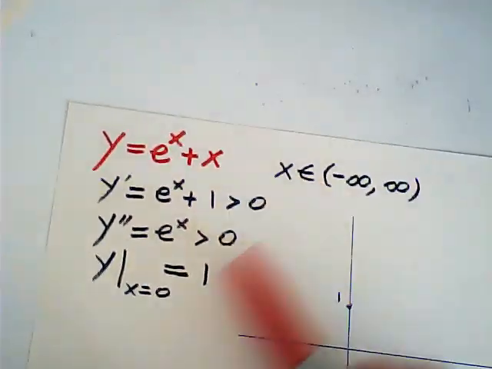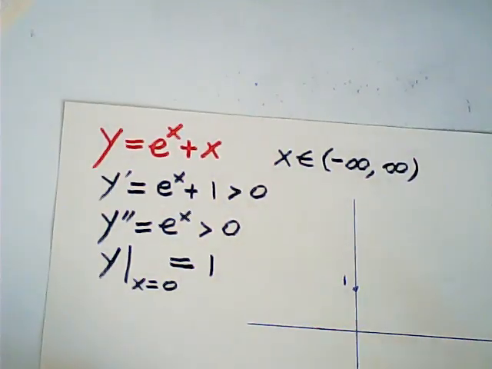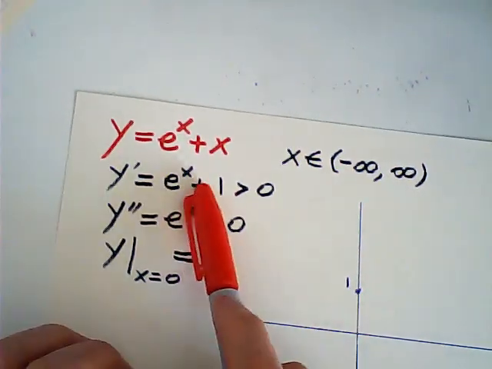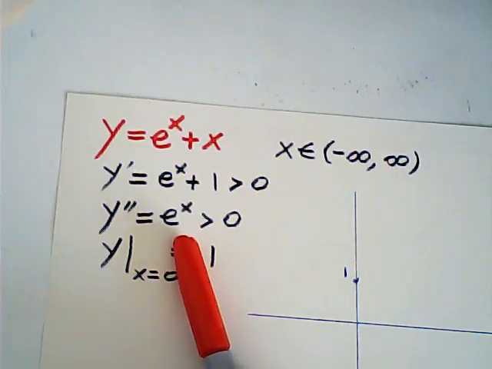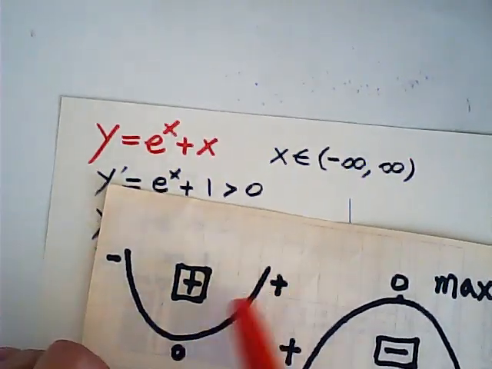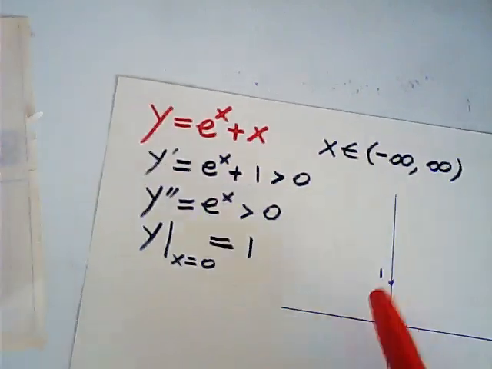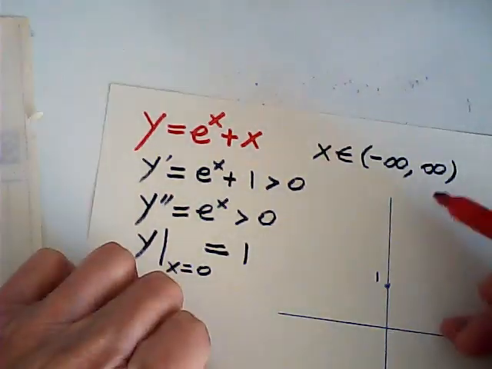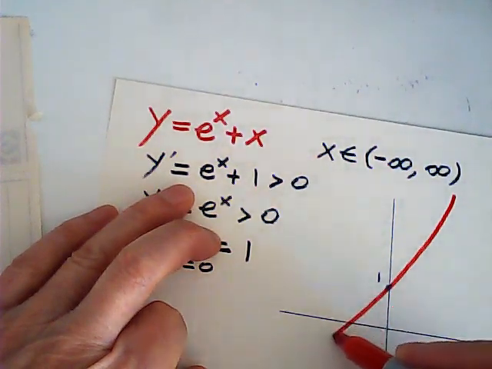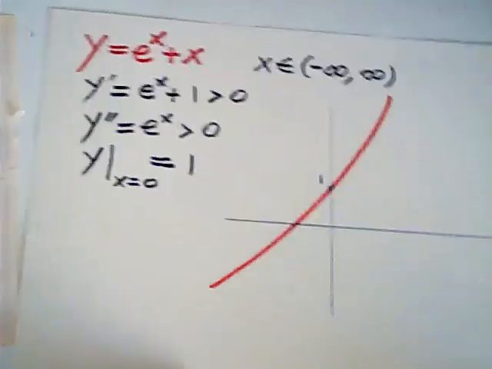Now based on this information, we can sketch the curve. The function is always increasing. The function looks like this, increasing, passing through that point. So the curve looks like this right away.